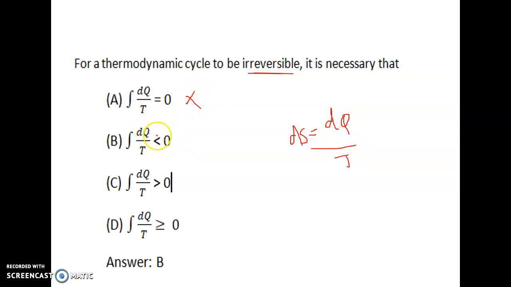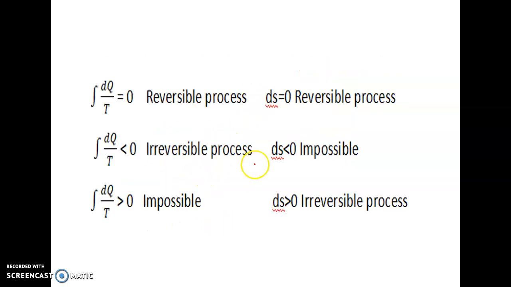The cyclic integral of dq by T is less than 0, greater than 0, or greater than or equal to 0. For a reversible process, the cyclic integral of dq by T equals 0. It is less than 0 for an irreversible process. Greater than 0 is impossible.